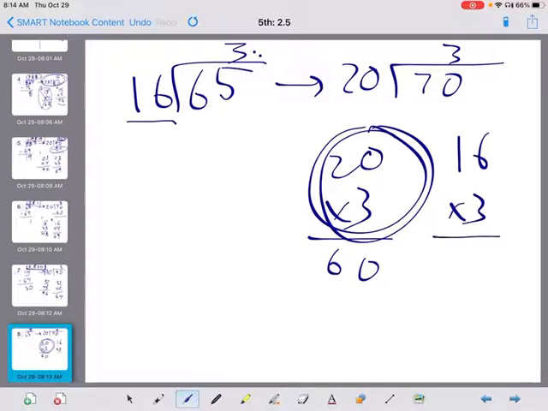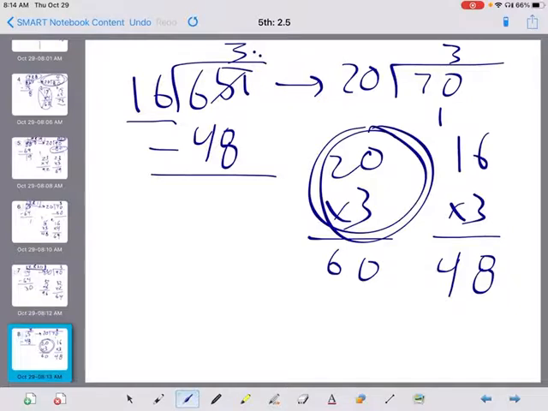3 times 6 is 18. 3 times 1 is 3, plus 1 is 4, so I get 48. Hoping for a number less than 16. This becomes 15. This becomes 5. 15 minus 8 is 7. 5 minus 4 is 1. Not working out for me.